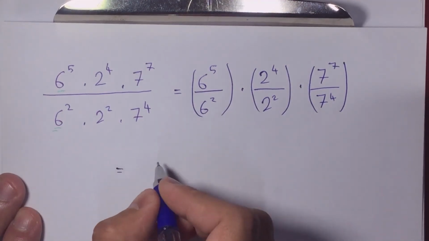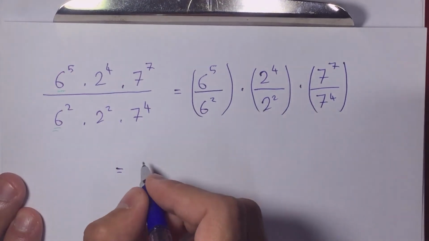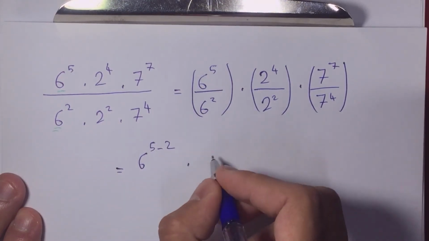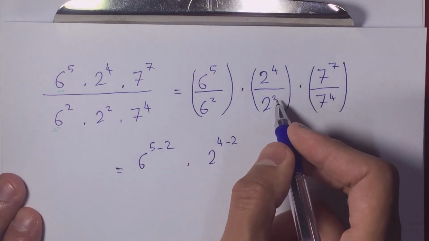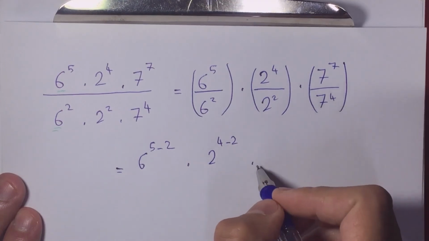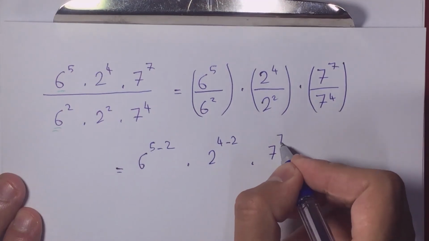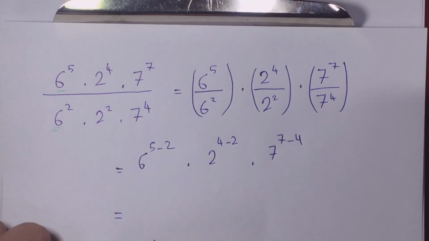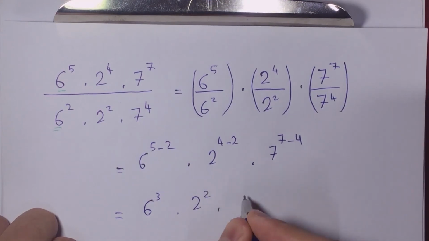So we can write 6 to the 5th divided by 6 to the 2nd gives us 6 to the 5 minus 2, times 2 to the power of 4 minus 2, and then multiplied with 7 to the power of 7 minus 4. And our final result should be 6 to the 3rd times 2 squared times 7 cubed.